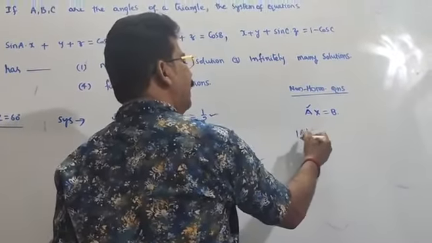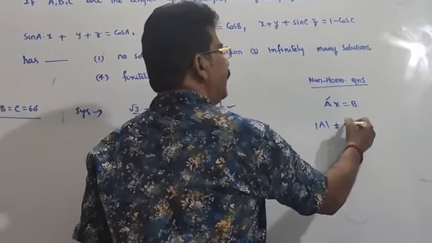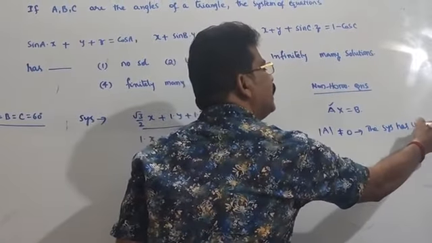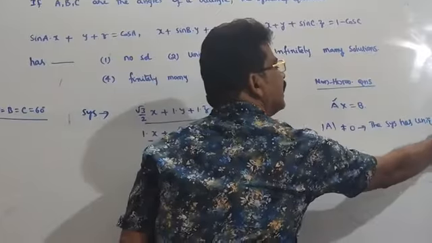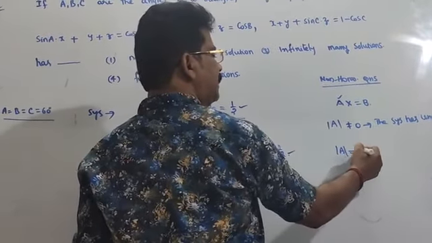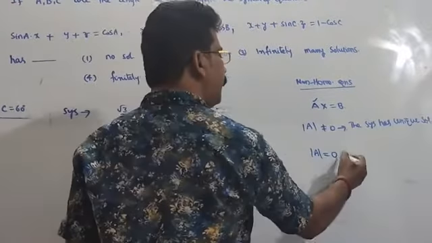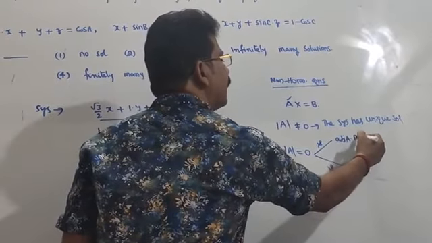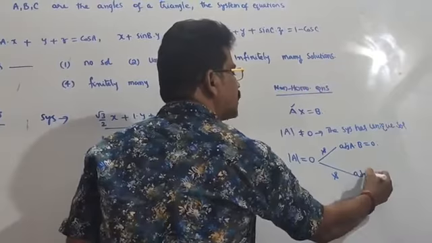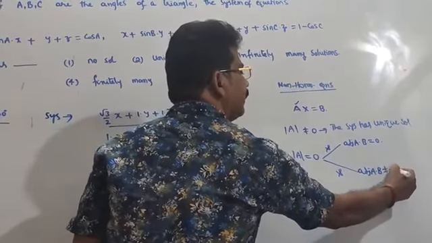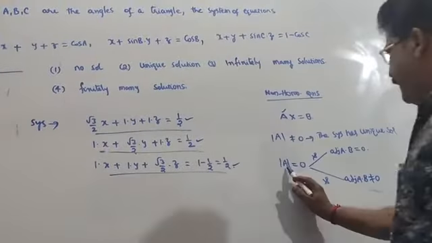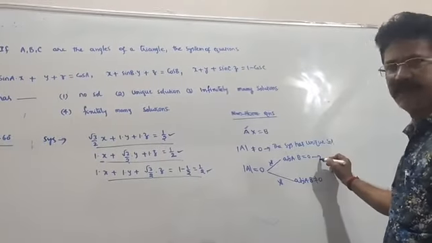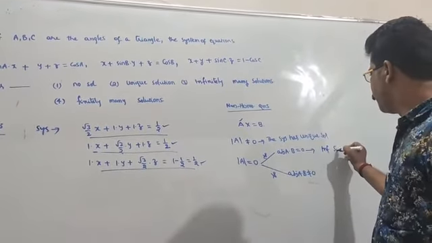If determinant of A is not equal to 0, then the system has a unique solution. Next, another case: if determinant of A is equal to 0, there are 2 sub cases, adjoint A into capital B equal to 0 and adjoint A into capital B not equal to 0. Here if det A is equal to 0 and adjoint A into capital B equals 0, then the system has infinite solutions.